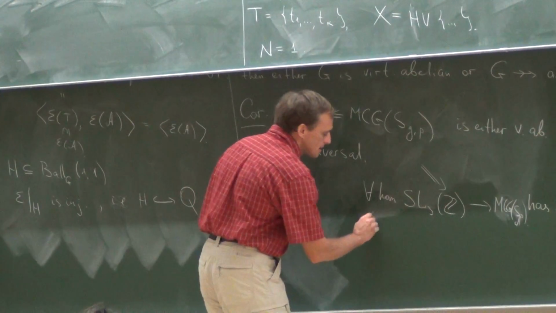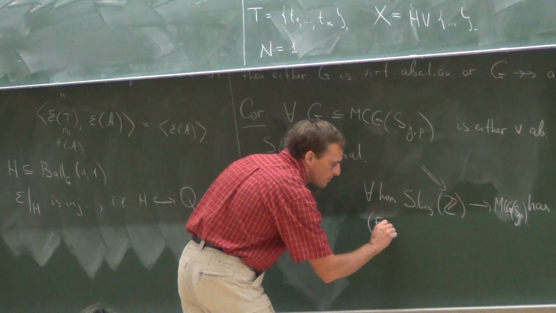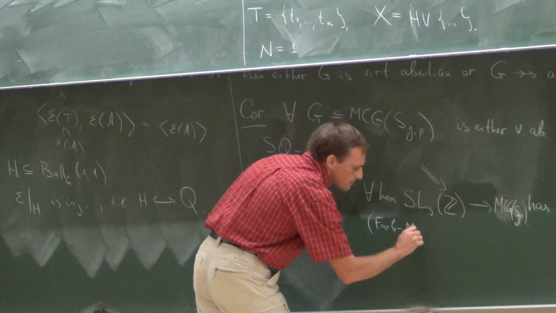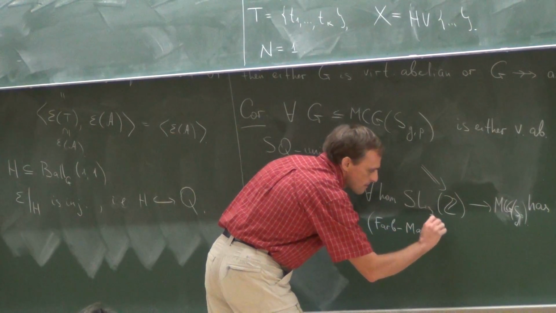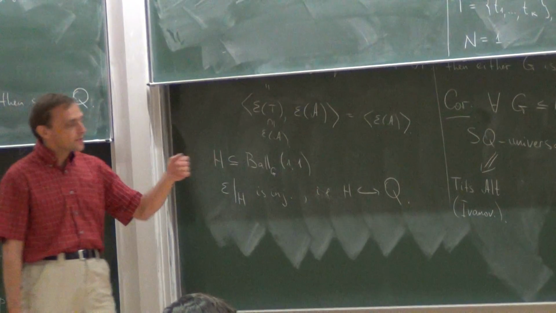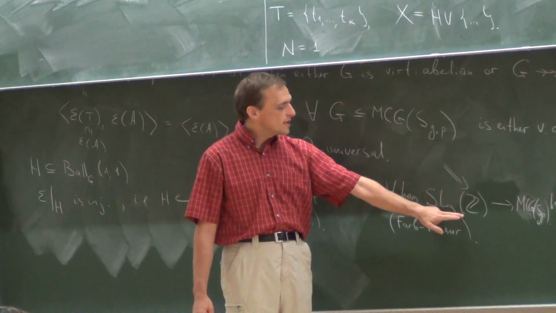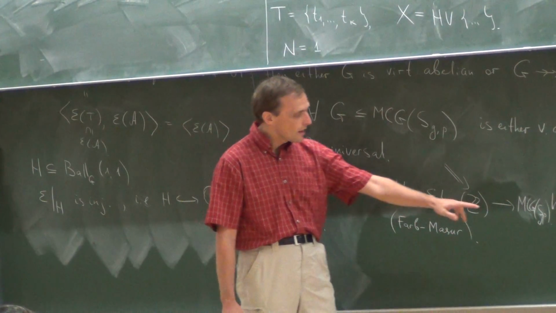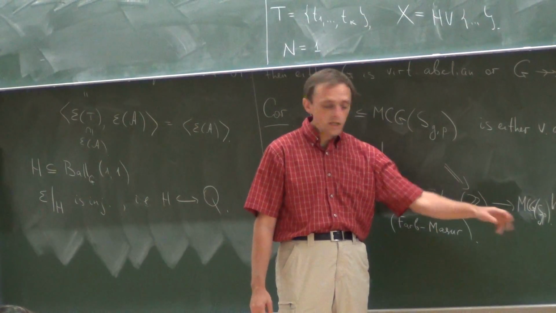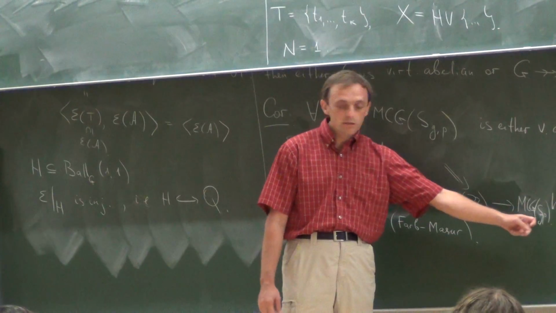And there are several proofs of this result. The first one was due to Farb and Masur. And then there were several subsequent proofs. So we immediately get it from here, because suppose we have a homomorphism like this. Let's consider the image.